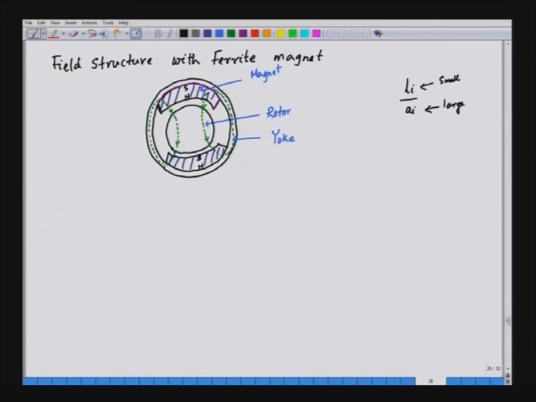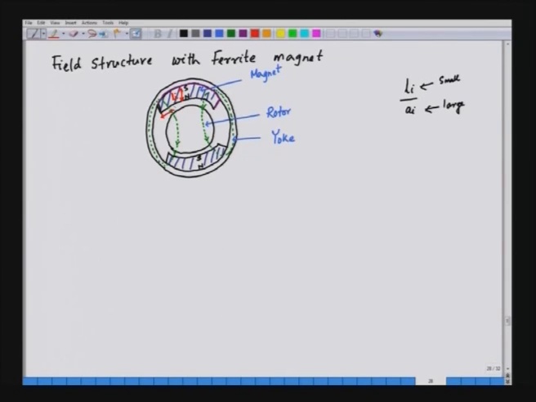Li is the length of the magnet and Ai is the cross sectional area of the magnet. We see here the arrangement with the ferrite magnet. This is Li, the length, which is small.